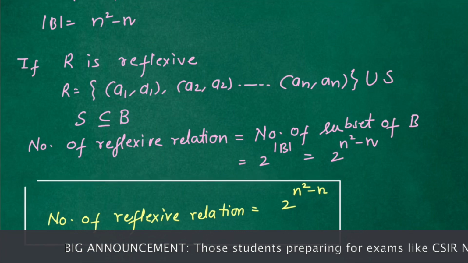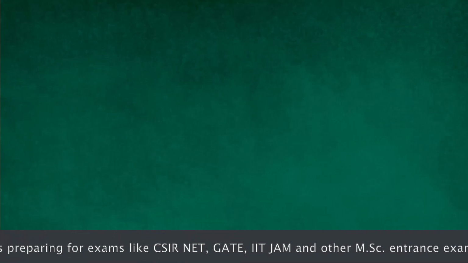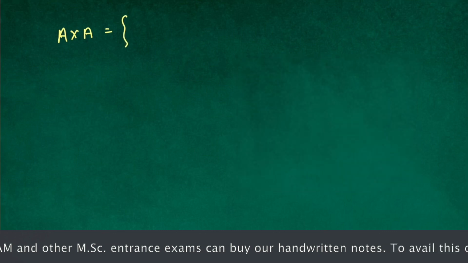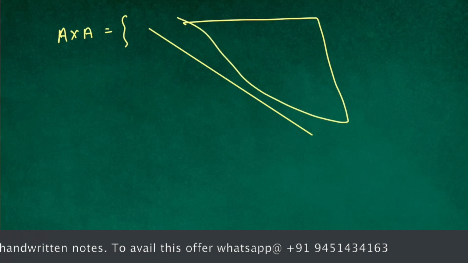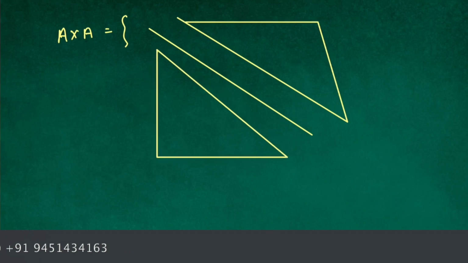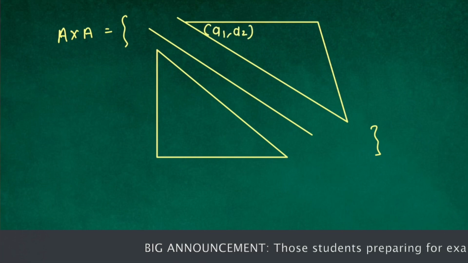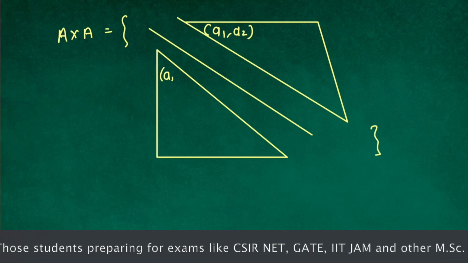Now let's find the number of symmetric relations defined on set A. Set A cross A has elements of this type. We have diagonal elements here, and then we have upper diagonal elements and then lower diagonal elements. So in the upper diagonal elements we have (A1, A2), and corresponding to this element in the lower diagonal we will have (A2, A1).